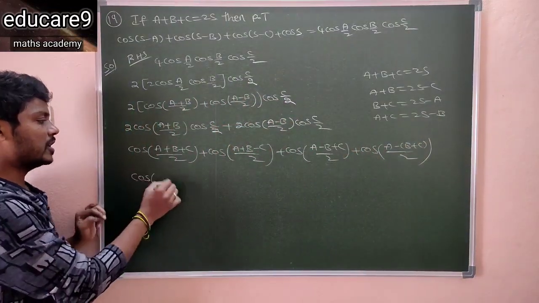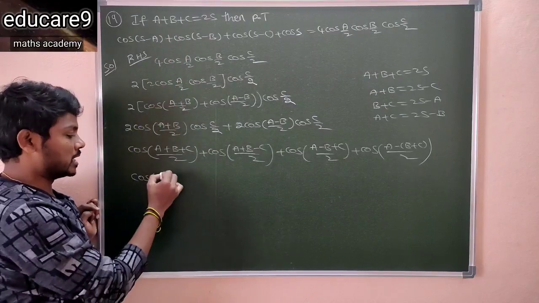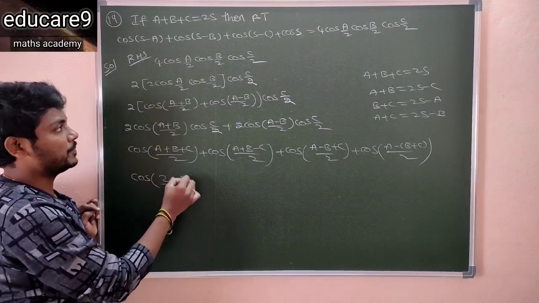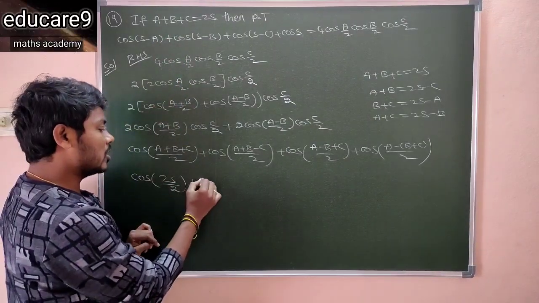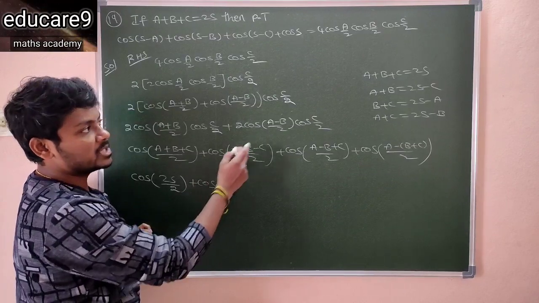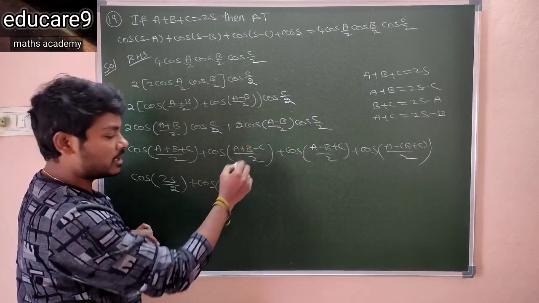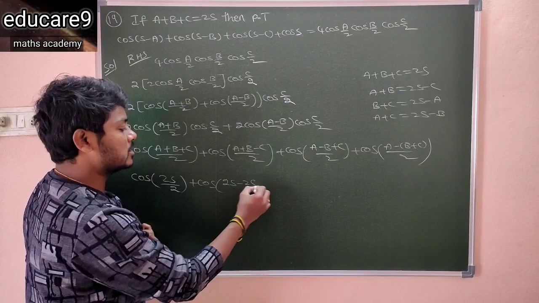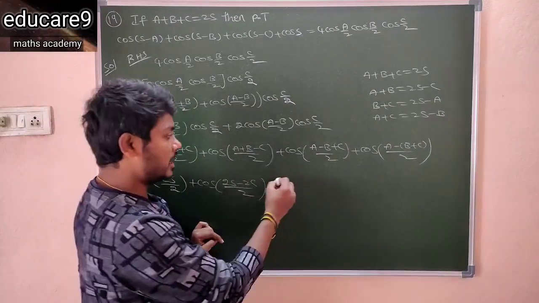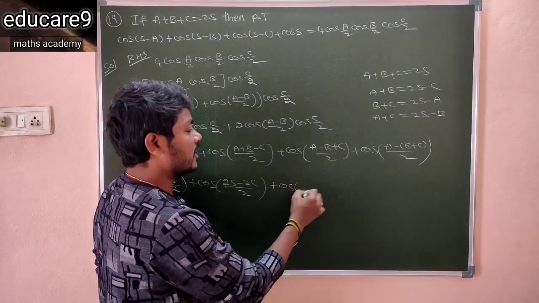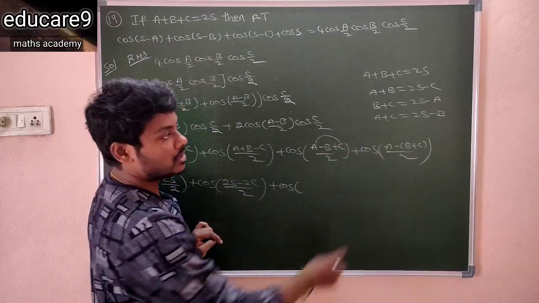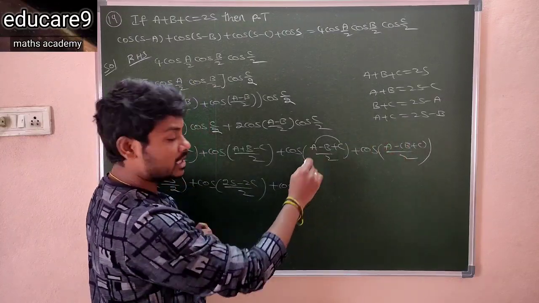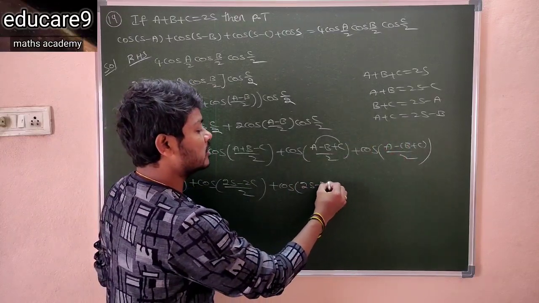Now cos of a plus b plus c, 2s divided by 2. Now cos of a plus b is what? 2s minus c. Again minus c. So 2s minus 2c by 2. And here plus cos of, how to write a plus c? 2s minus b. Again minus b. So 2s minus 2b by 2.